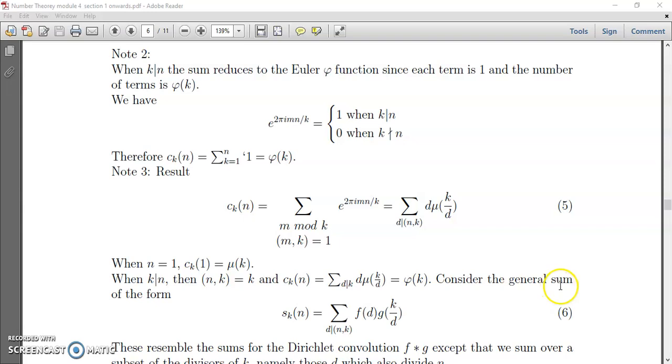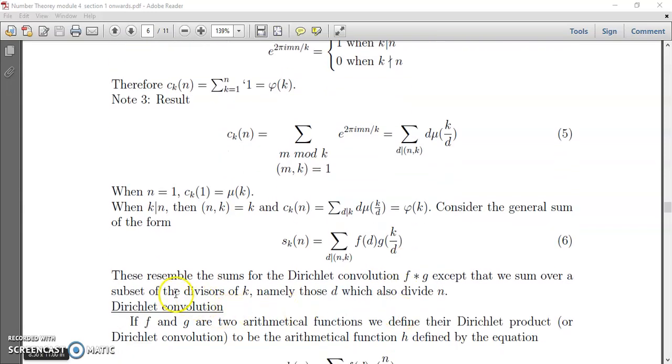Now let us consider a general sum of this form. c_k(n) is sigma d divides (n,k) d mu of k by d. So we are going to consider a general result of this, where we are replacing this d by f of d and this mu of k by d as g of k by d. This resembles the sum which you have already learned, the sum for the Dirichlet convolution f star g.